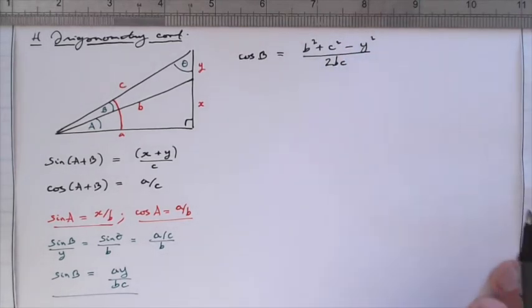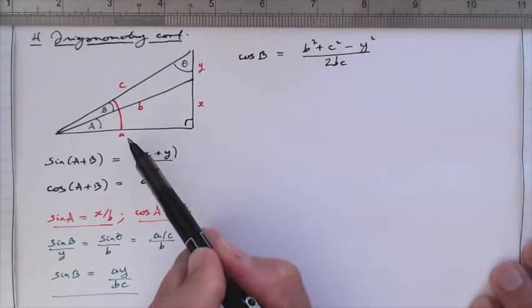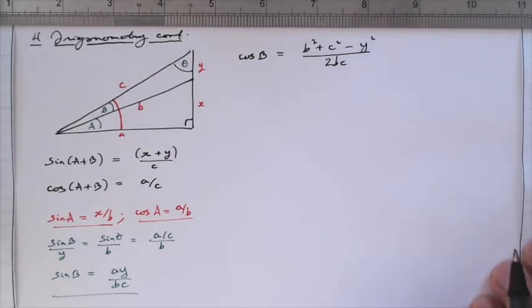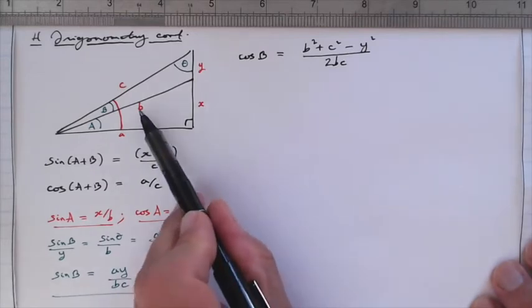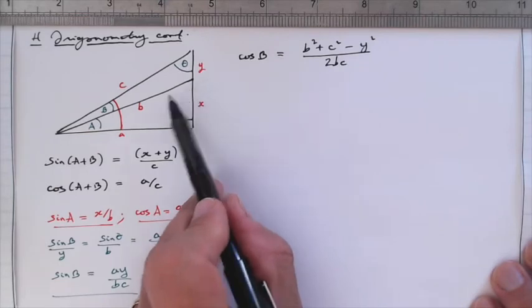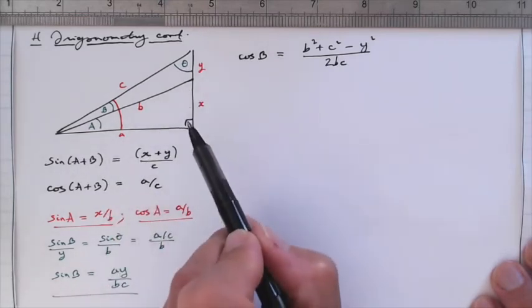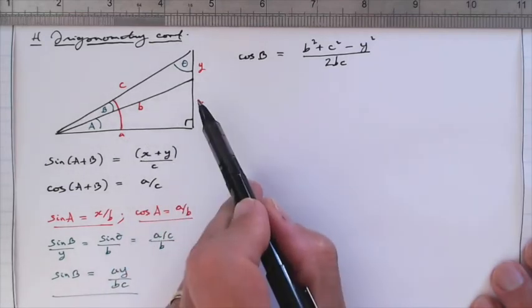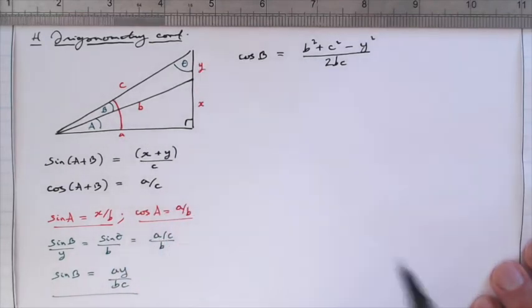And we can, because you see there's obviously lots of relationships between these sides coming from Pythagoras' theorem. We have two of them. We have that b squared is a squared plus x squared, Pythagoras applied to the lower right angle triangle. And then for the large right angle triangle, we have that c squared is a squared plus the square of x plus y.